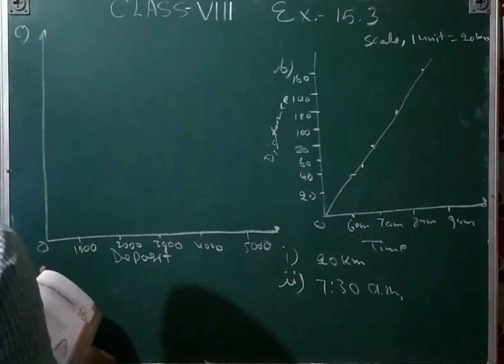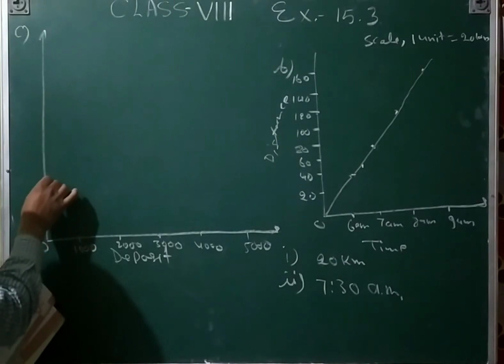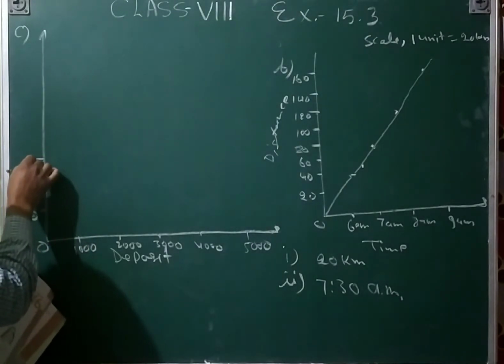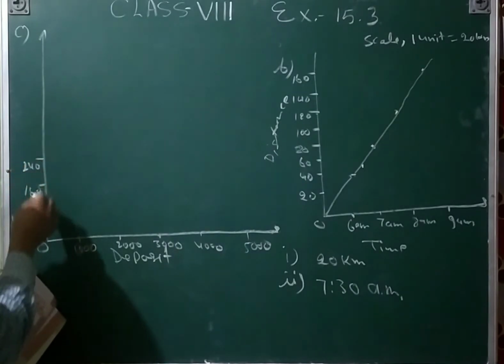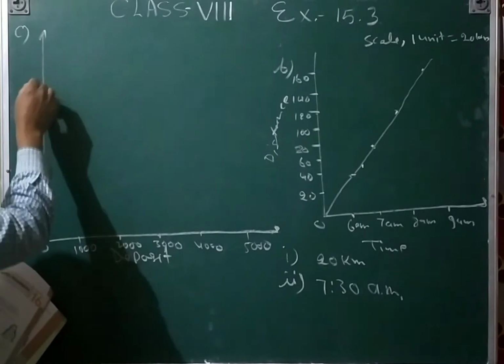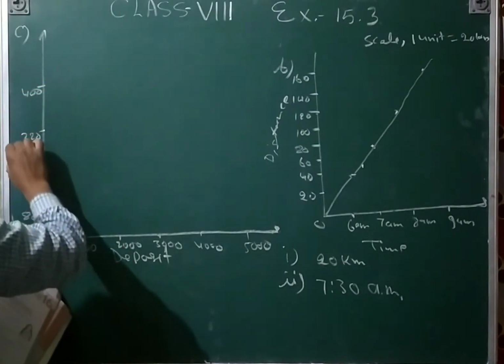And then here again we will write the table of 80: 80, 160, and then 240, and then 320, and then 400. Here we will write simple interest.